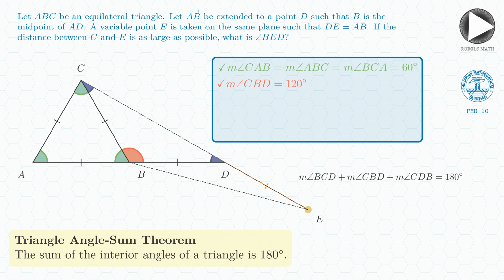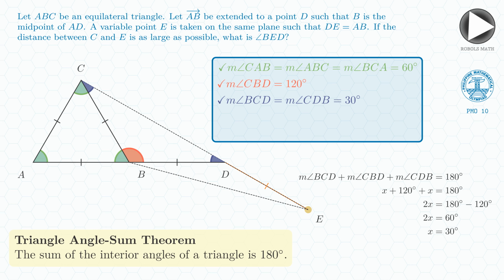If we let x be the measure of the blue angles and make use of the known measure of angle CBD, we get the linear equation x plus 120 plus x equals 180, which should easily be solvable with some algebraic properties. We conclude that x is 30 degrees, and so the measure of the blue angles is 30 degrees.